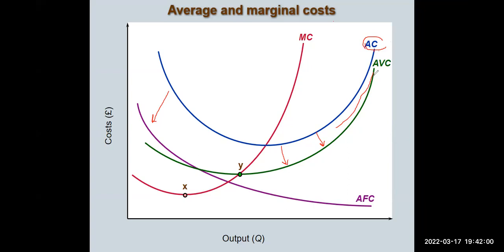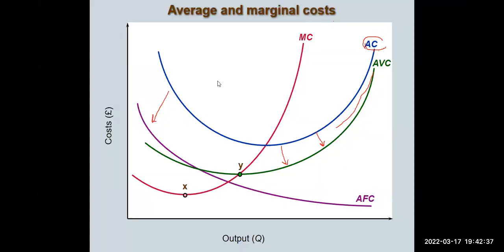Why is this happening, that the distance between the average total cost and average variable cost is squeezing? You know, the difference between these two costs, this one and this one, is what?